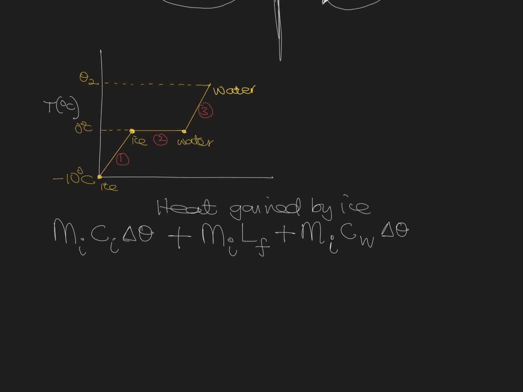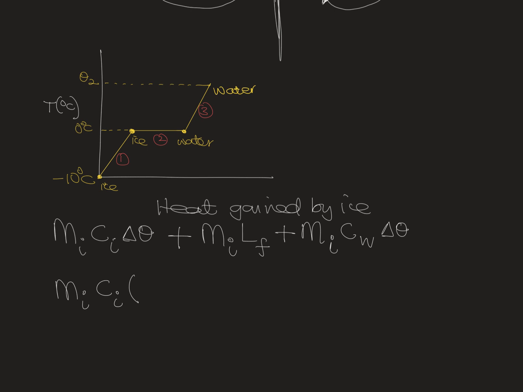All right, so if we have to develop this formula again, that will be the mass of the ice, specific heat capacity of the ice, the change in temperature will be 0 minus minus 10, right?